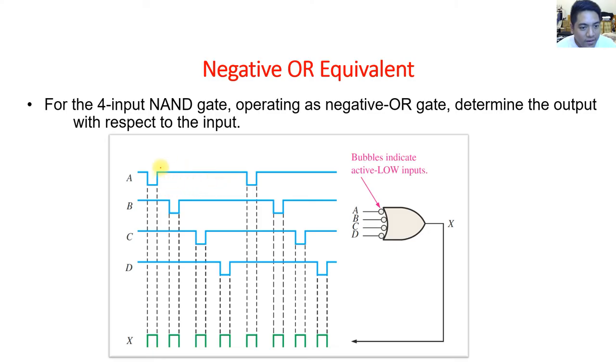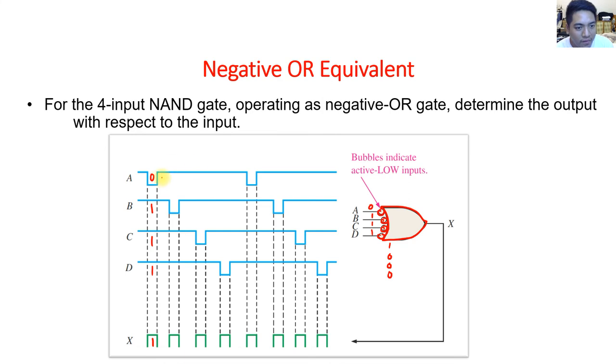For letter A, in the timing diagram, you have 0, 1, 1, 1. This becomes 1, 0, 0, 0. And if you OR that, the result would be 1, because this is an OR already. We have inverted the inputs such that it becomes 1, 0, 0, 0, and then we have ORed it, we have 1 as an output.